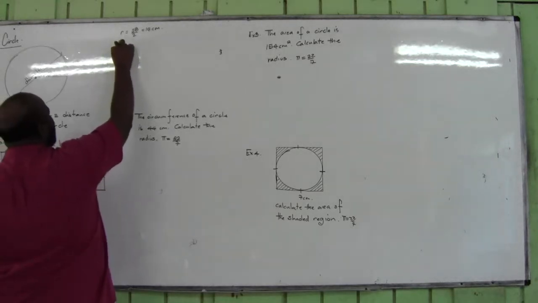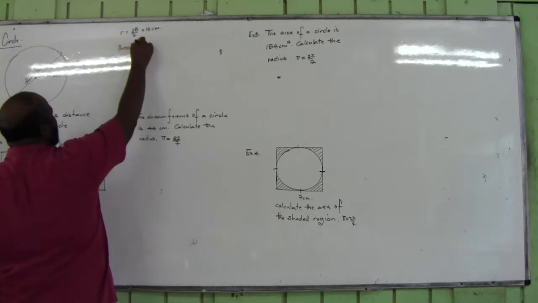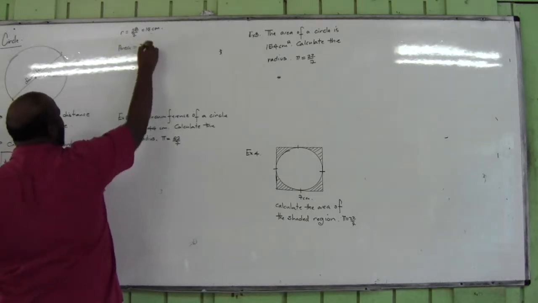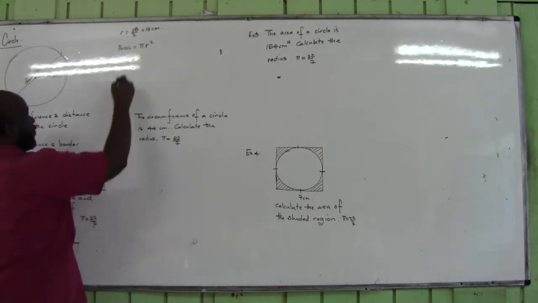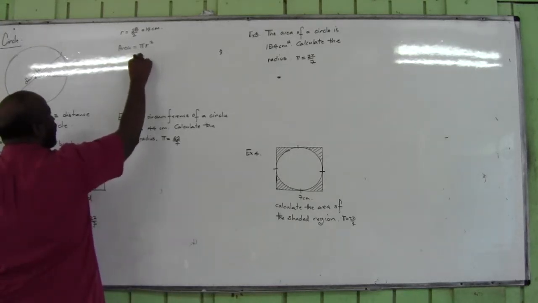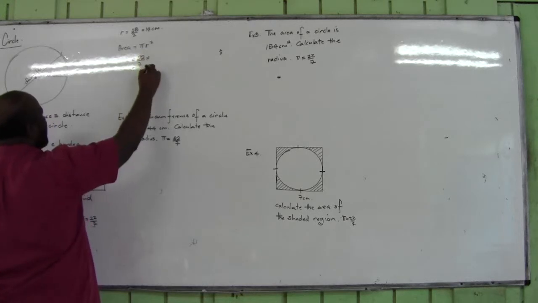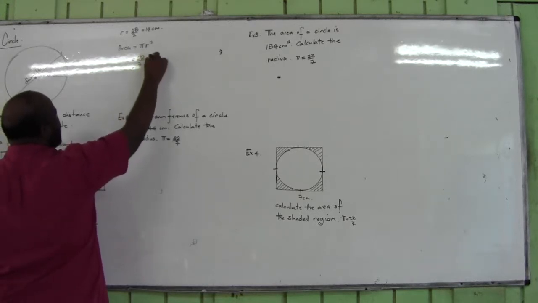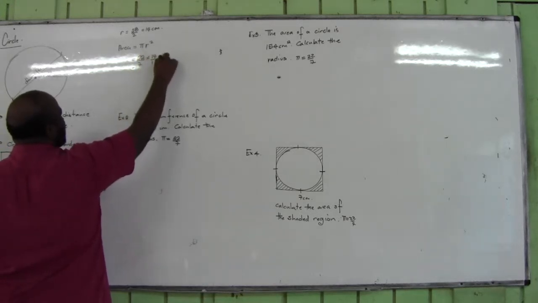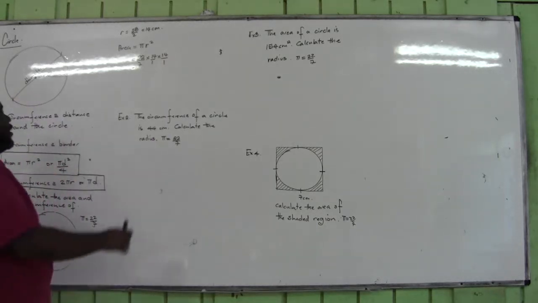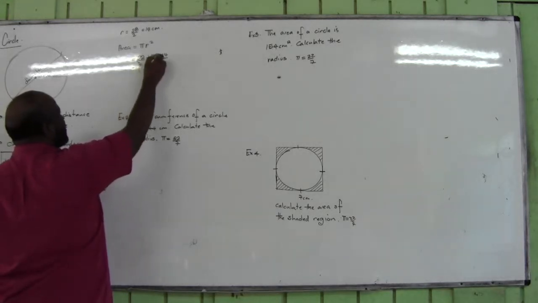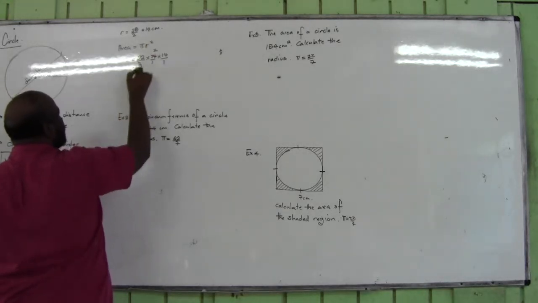Now the area is equal to pi r squared. So let's put in those values. Pi is 22 over 7 times the radius, which is 14 times 14, because it is radius squared. 7 into 7, 1; 7 into 14, 2.